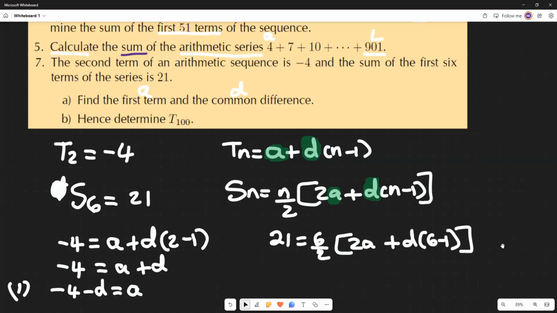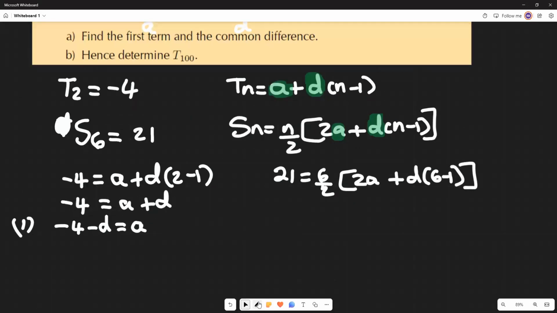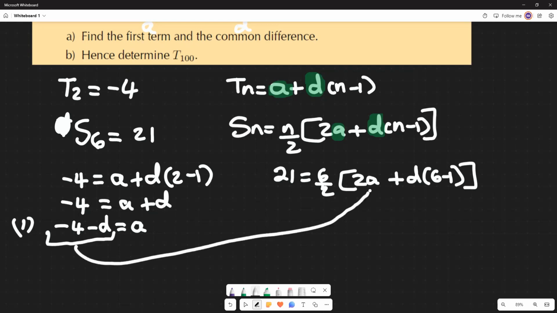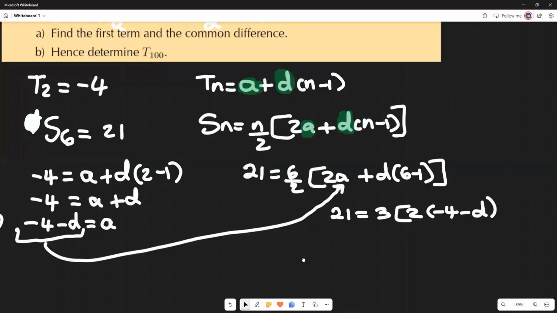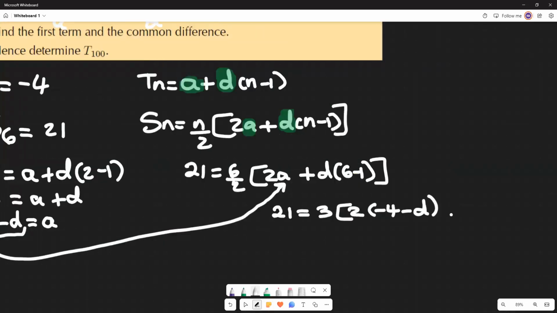From here, wherever I see a, I'm going to replace it, because a is also equal to -4 minus d. So I have 21 equals 3, this becomes 3, then 2 times (-4 minus d), which is your a, and then plus 5d.